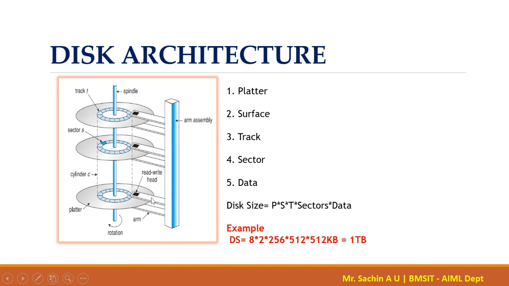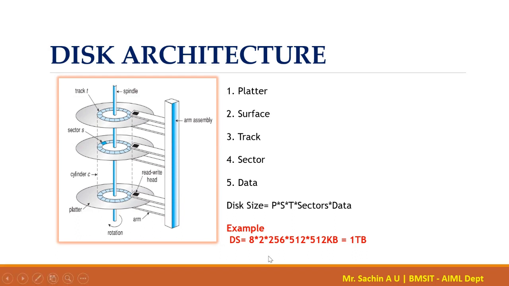This read write head helps us read the information stored on a particular sector. The limitation of this read write head is that it can move only in two directions, either forward or backward. So how do we read the information stored on the entire track? For that, we take the help of the spindle, which has the power to rotate the platter either clockwise or anti-clockwise.